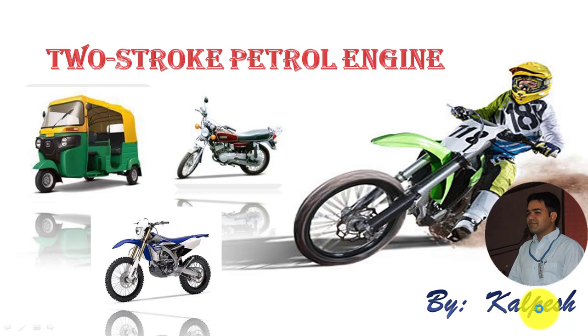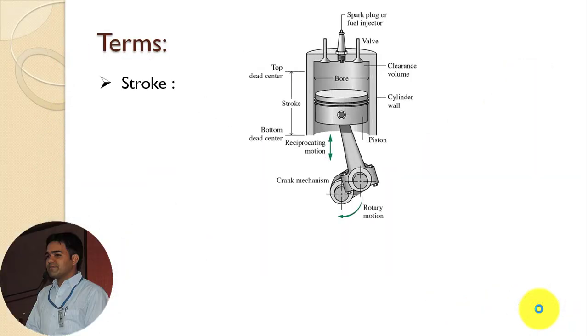Now before we understand the working principle of the two-stroke petrol engine, first we need to understand a few terms. The first term is the stroke. As we are aware, the two extreme positions of the piston movement in any engine are known as the top dead center and the bottom dead center. Now stroke can be defined simply as the linear displacement between the top dead center and the bottom dead center.